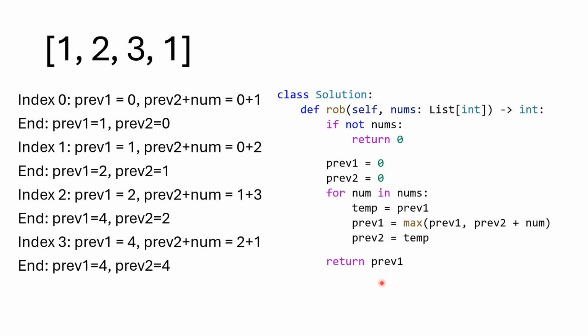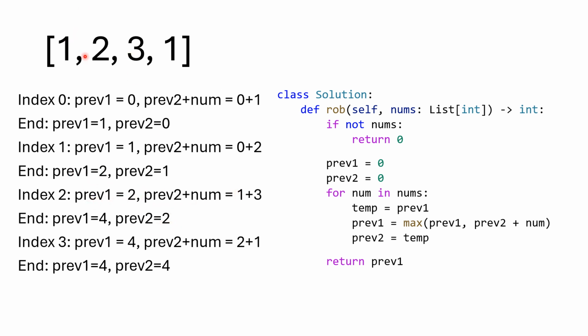This works because it will always keep track of the cumulative steal and whether to steal from the current house or proceed.